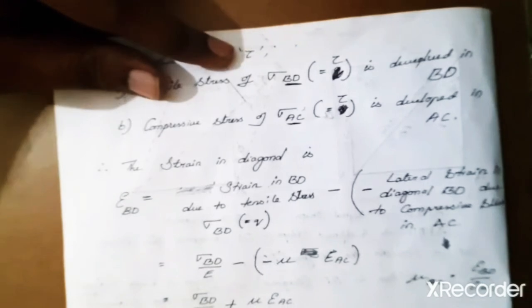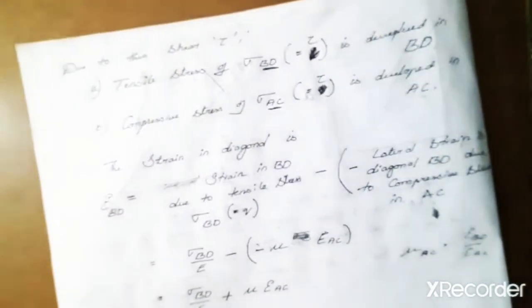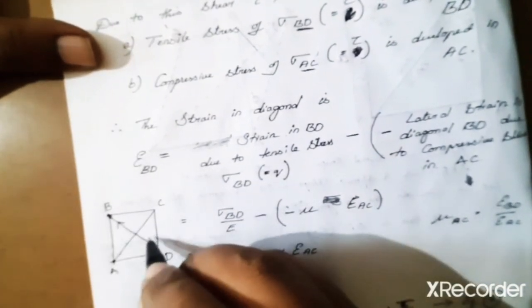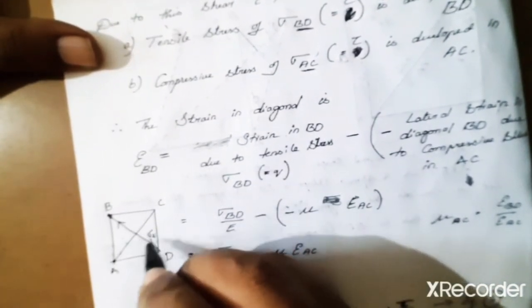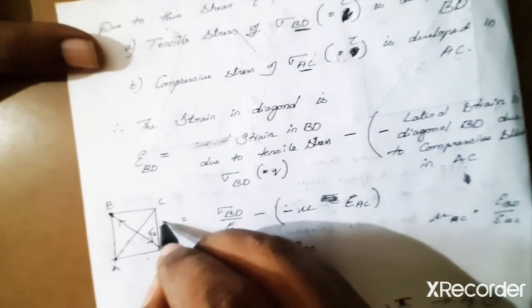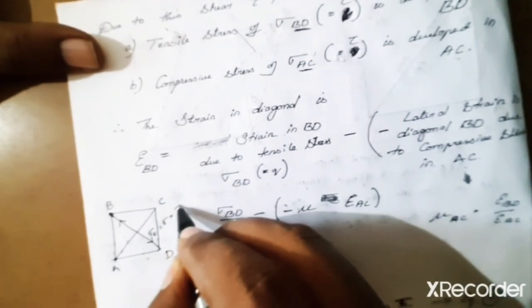Here, as you can see, there is a rectangular body. This is diagonal 1, this is diagonal 2, and this is A, B, C, D. There is a tensile stress sigma T, which is equal to sigma, which is equal to tau.